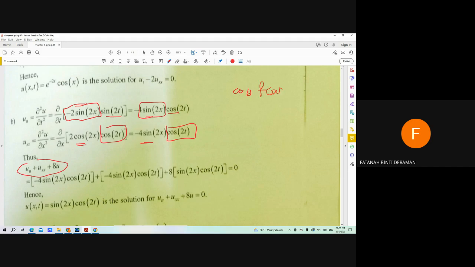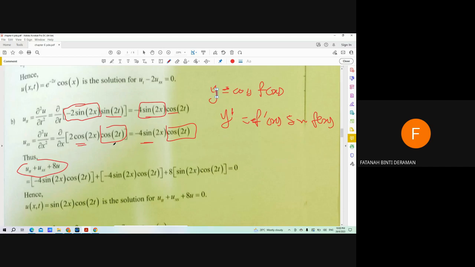So how do we differentiate cos f(x)? Okay, let y equal this. So y prime, you will have f prime(x) times sin f(x), so we will get negative inside.